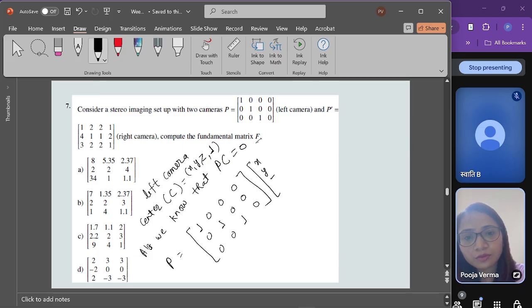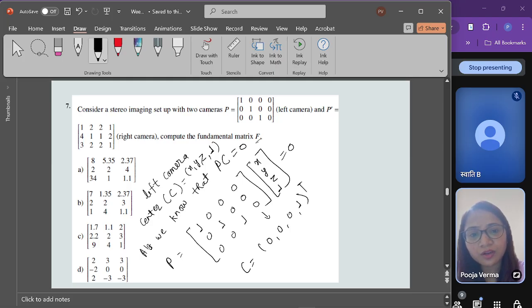So X, Y, Z, 1 is equal to 0. Again, it is the same: the last column of the matrix. The matrix is 0, so we can directly write the camera center as 0, 0, 0, 1 transpose.